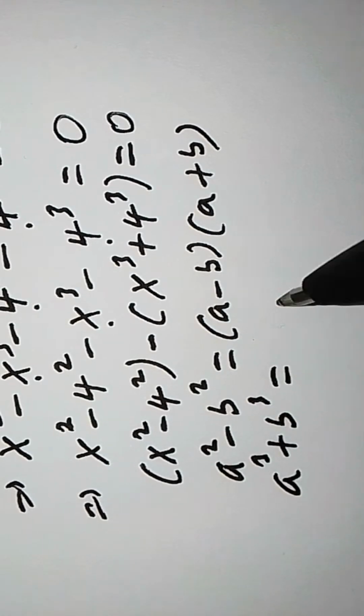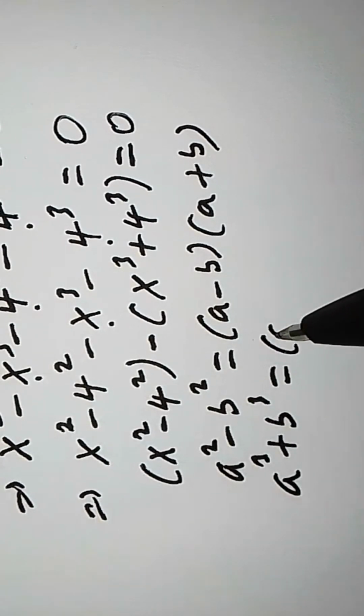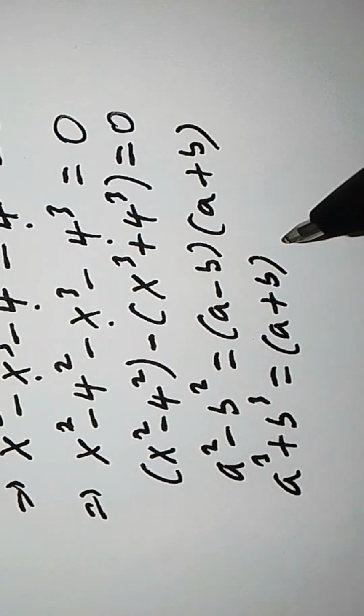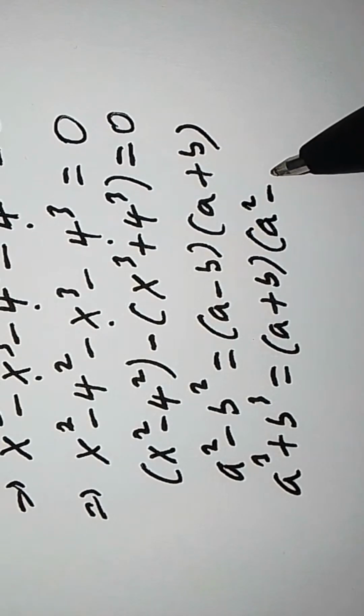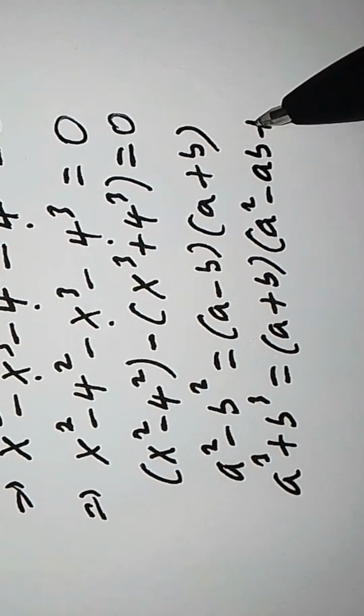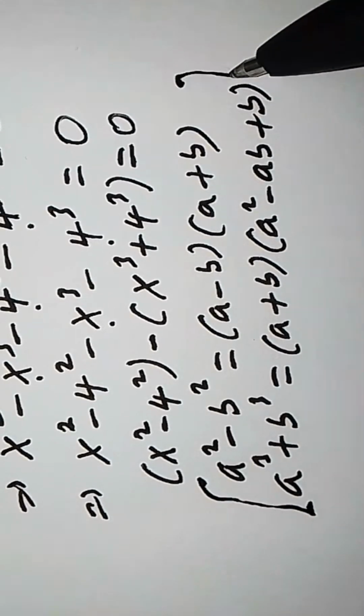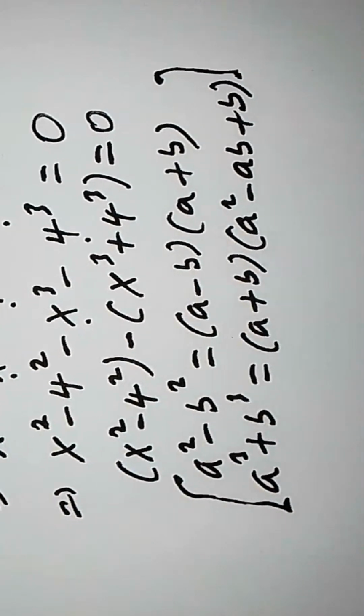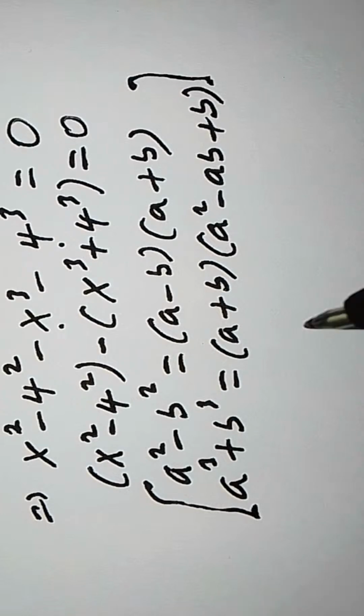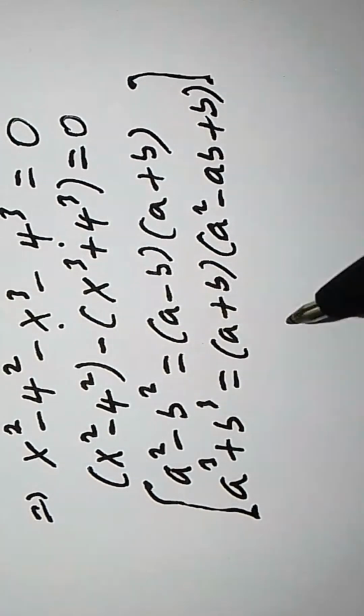This could be written as a plus b times a squared minus ab plus b squared. Take note of these two properties, very important.